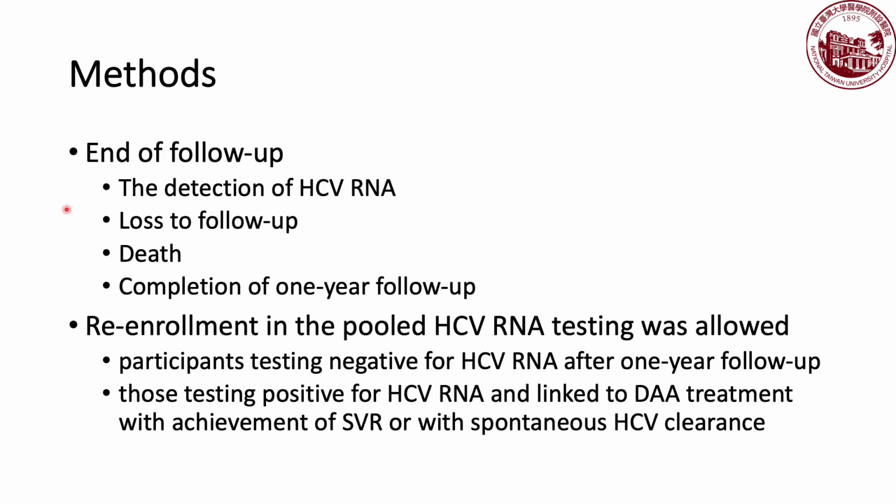Participants were followed until the detection of HCV RNA, loss to follow-up, death, or completion of 1-year follow-up. Re-enrollment was allowed for participants testing negative for HCV RNA after 1-year follow-up, or those testing positive for HCV RNA and linked to DAA treatment with achievement of SVR or with spontaneous HCV clearance.